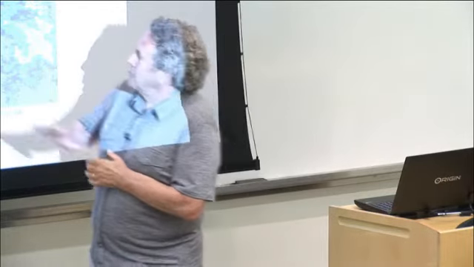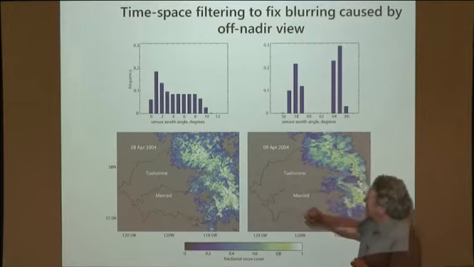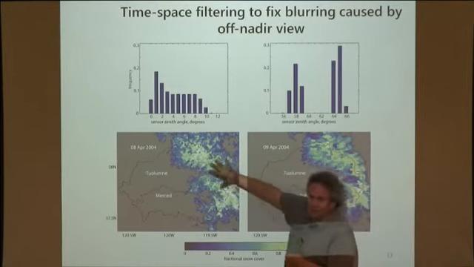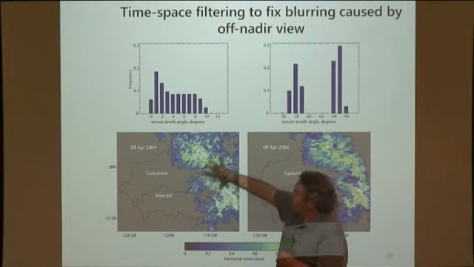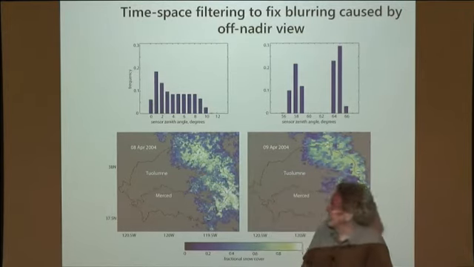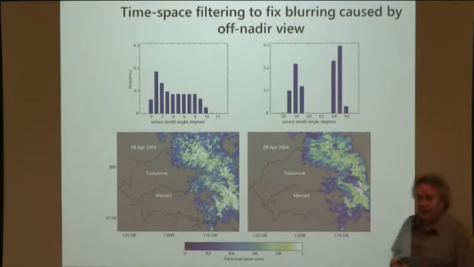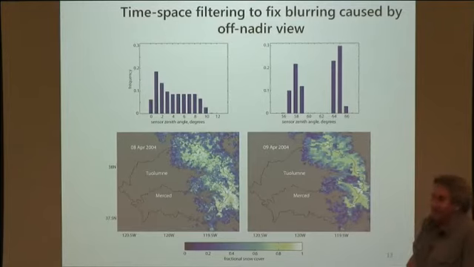So these are just 2 days apart. This is April 8th and this is April 9th. This was on a day when MODIS happened to see this part of the world at a pretty near nadir view angle. And here's the histogram of the view angles for that scene. So it was right overhead. And the next day, in order to even get that second day, it was way off to the side.